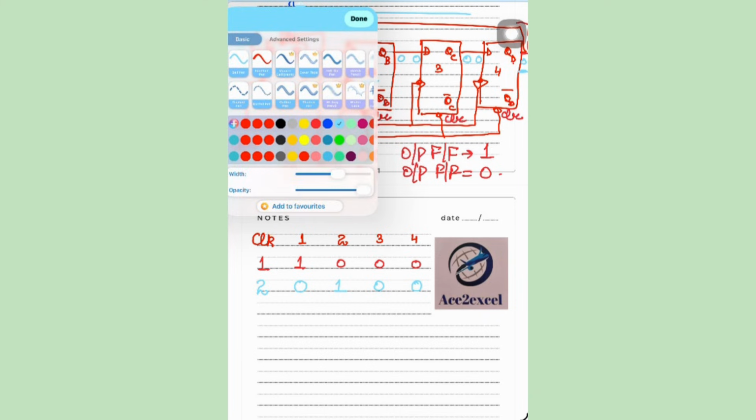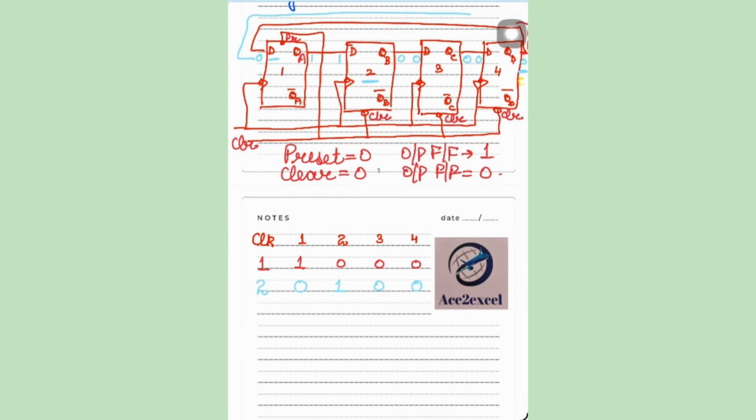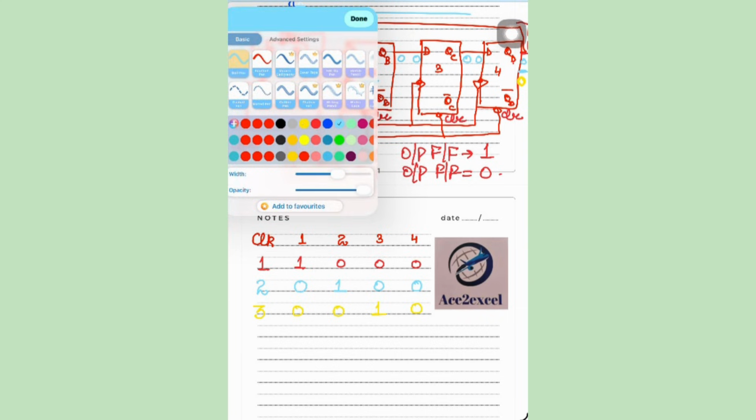Again, in the third timing cycle, output of 4th flip-flop is 0. That means at third clock cycle, this one which was in output of second comes to input of third, and the 1 shifts ahead, and this is how the circuit appears, still having output as 0 in the third consecutive pulse too.